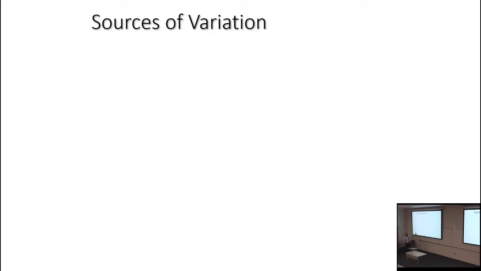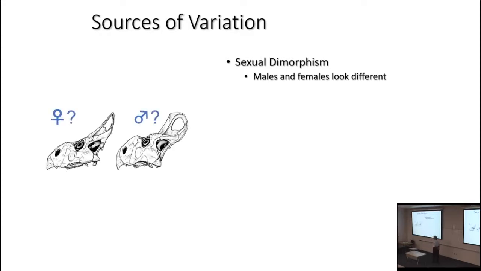So I'm going to begin today with what is essentially the end of looking at taxonomy, the sources of variation. So 2 individuals from the same population might look different from each other due to sexual dimorphism. Many, but by no means all, organisms, species, have distinctly different male and female forms.